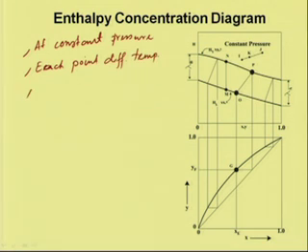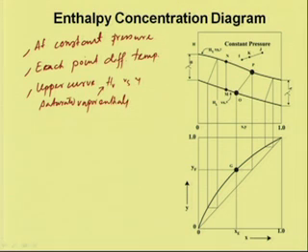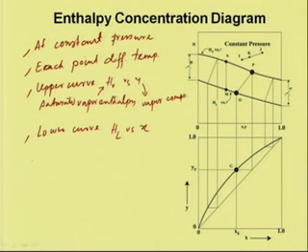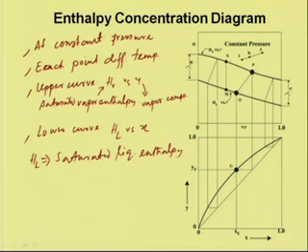The upper curve, this one HV versus Y curve, is a plot of saturated vapor enthalpy versus vapor composition, and the lower curve is the saturated liquid curve, HL versus X. HL is the saturated liquid enthalpy, and X is the liquid composition.